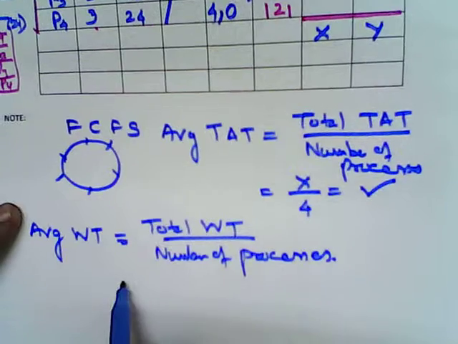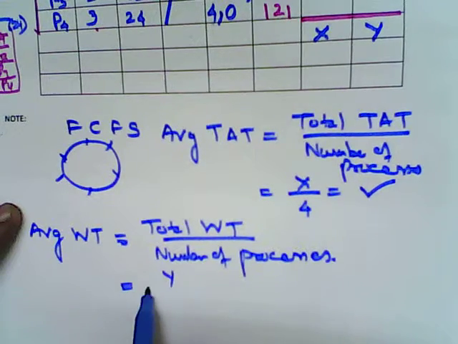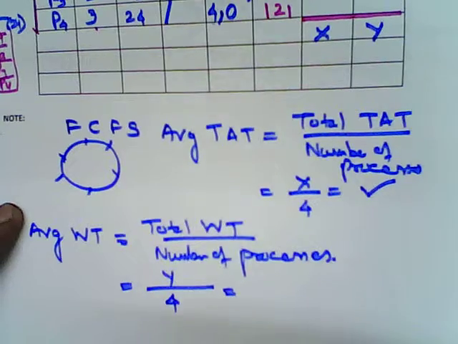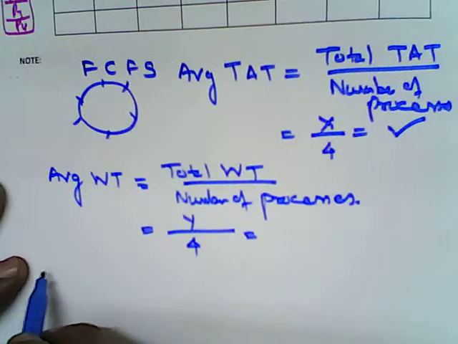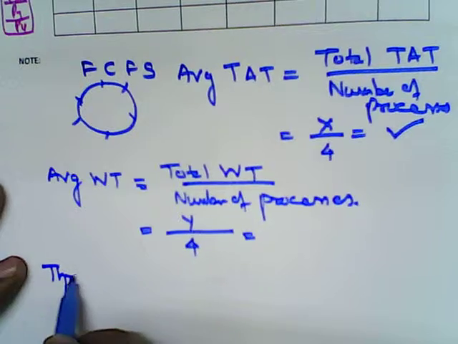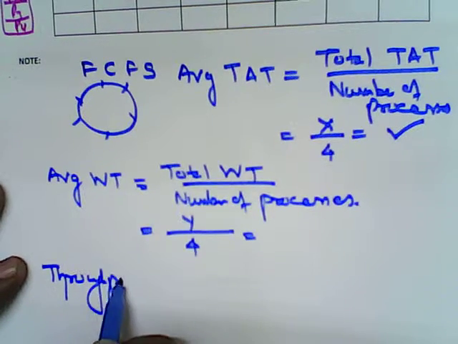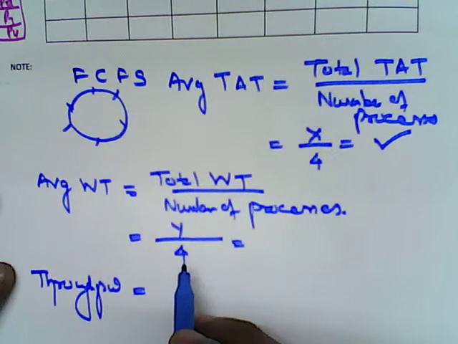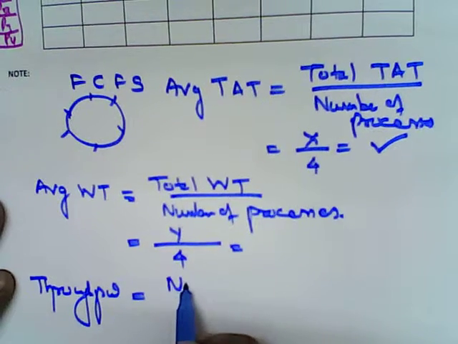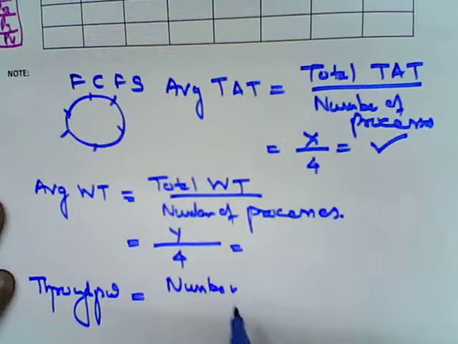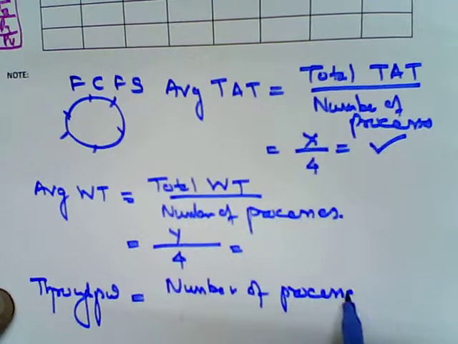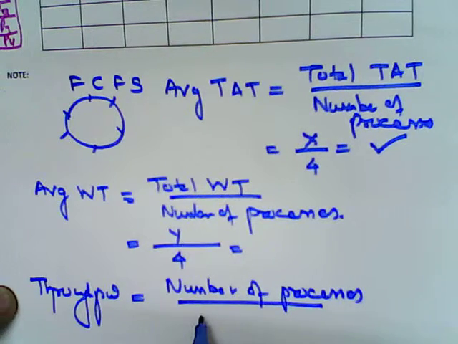And one more thing I would like you to calculate. You calculate throughput. Throughput is nothing but the number of processes divided by the last completion time.